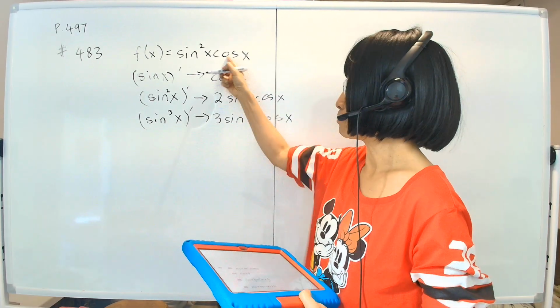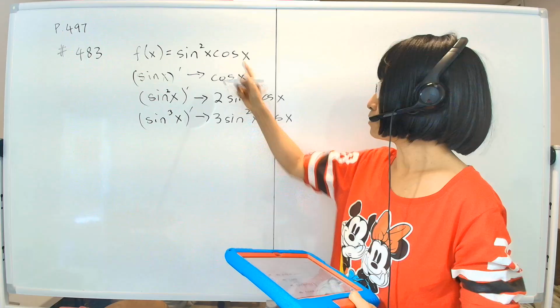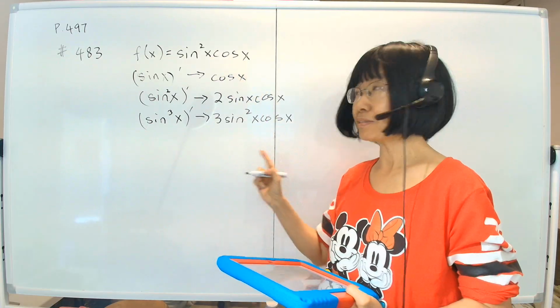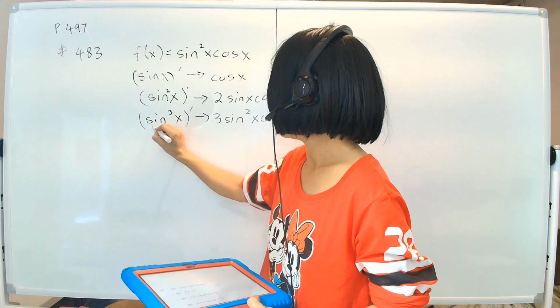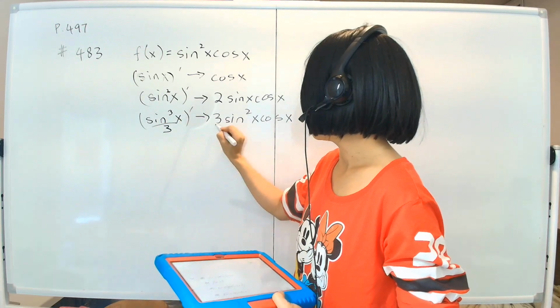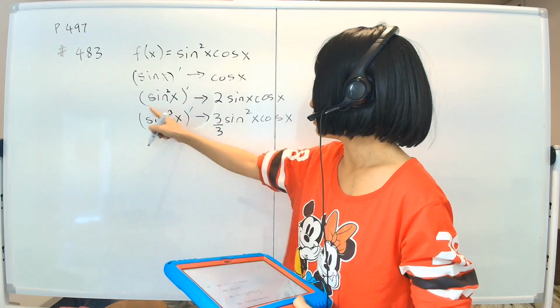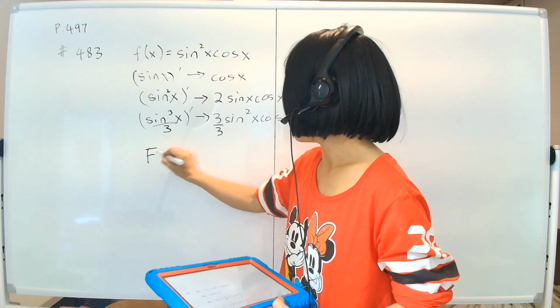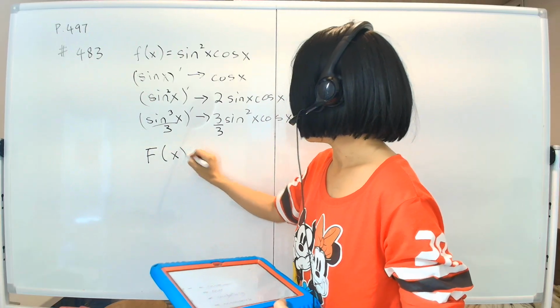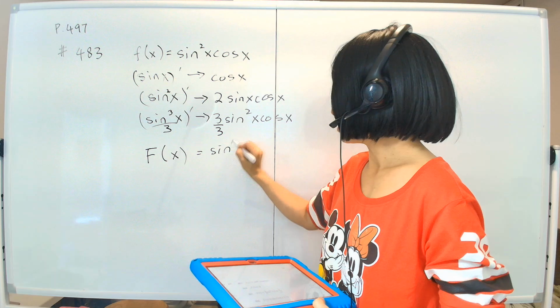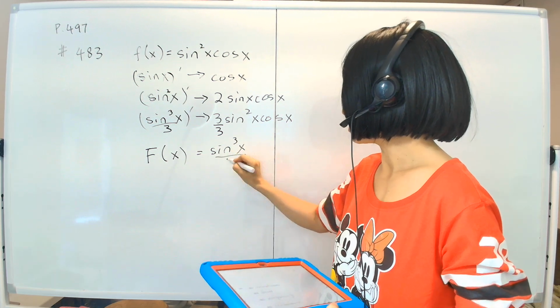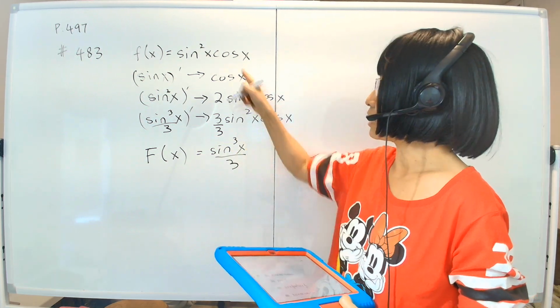Now we're somewhere. It's almost identical, except that there's an extra 3, so we divide by 3. The big F, the antiderivative of little f, is sine cubed x over 3, because if you take the derivative of this, you'll get back here.